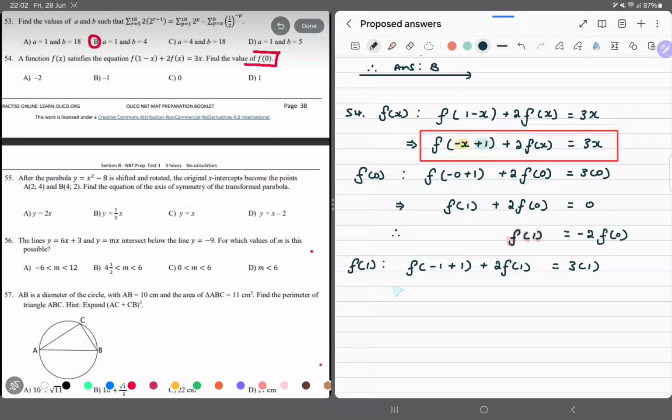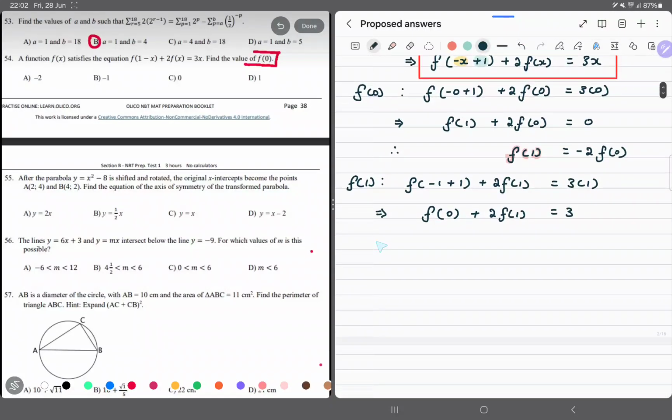Okay, so this implies that we will have, this simplifies to basically f of 0 plus 2 times f of 1, which gives us a 3. Now, seeing that from above, we found out that f of 1 is equal to minus 2 times f of 0.